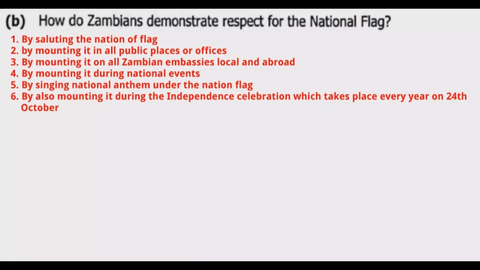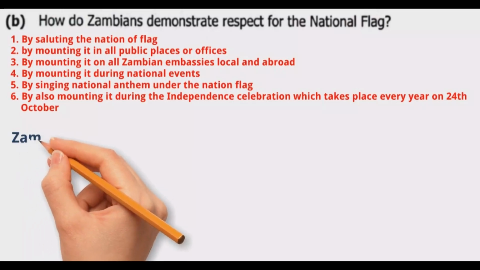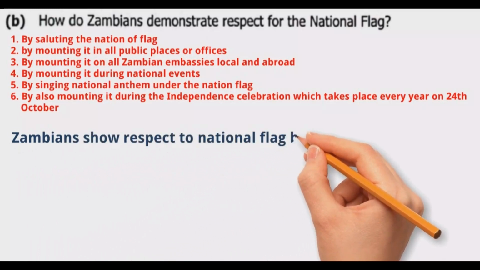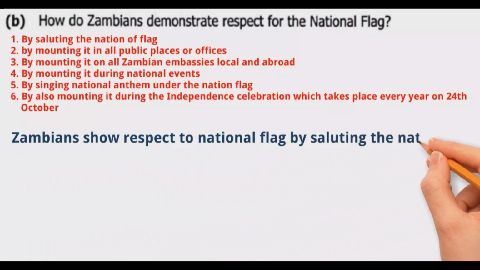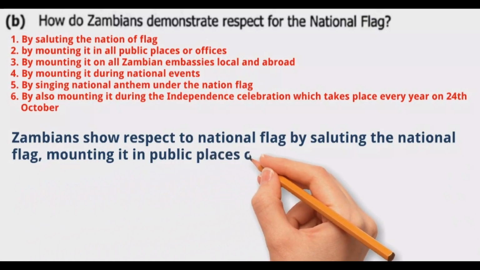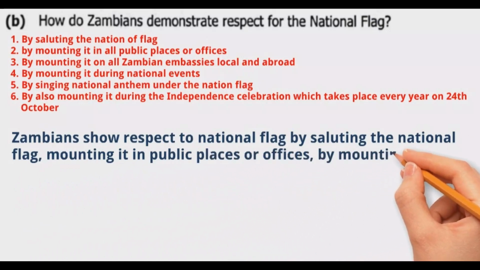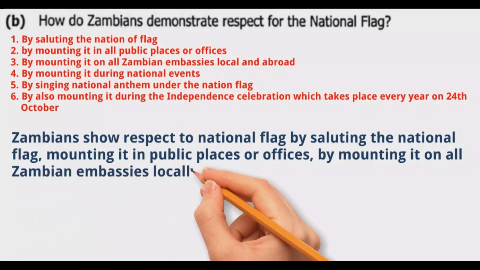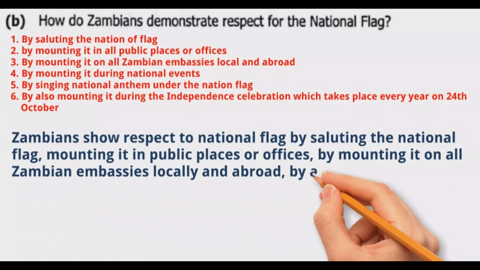Now, let's write this short essay. Just like I've been doing, you just put the points together. Don't put irrelevant information. You can write it as follows. Zambians show respect to the national flag by saluting it, mounting it in all public places or offices. They also show respect by mounting it on all Zambian embassies, local and abroad.